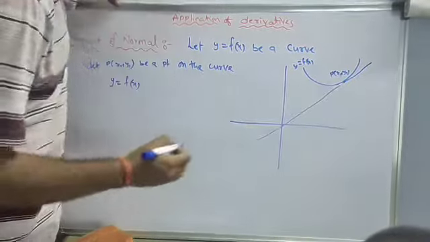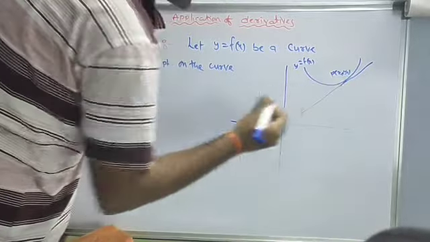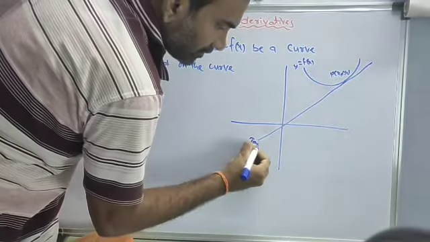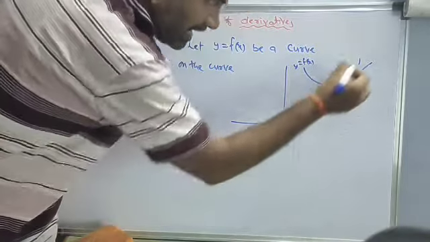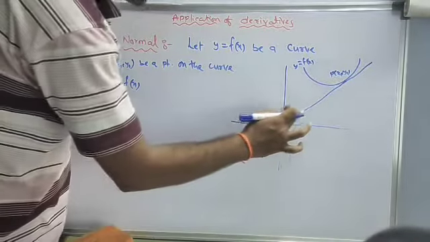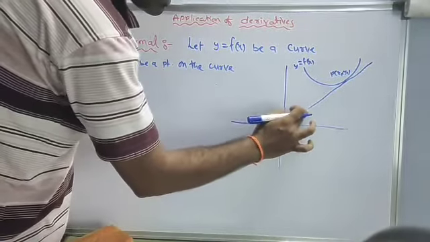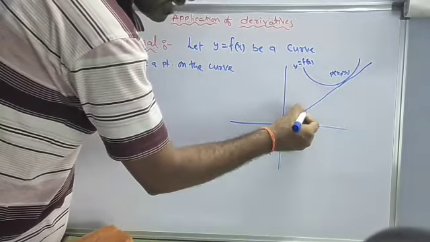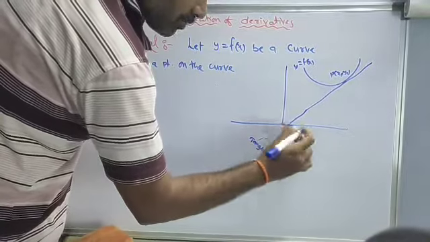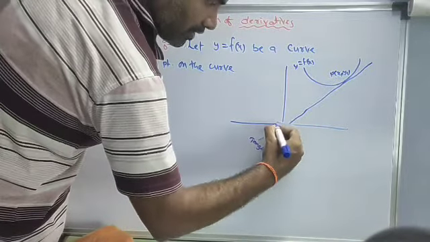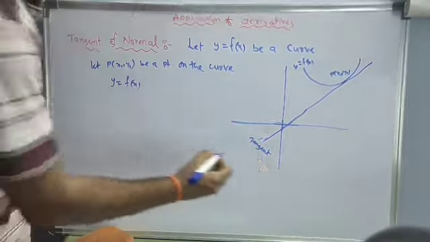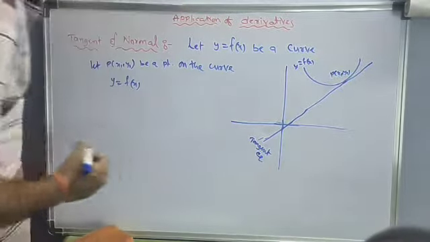Suppose this is the point P(x1, y1). So this is called a tangent line. At that point, it touches the curve. Sometimes the curve passes through the origin, sometimes it does not. No problem, according to our diagram and condition. So this is the tangent equation.